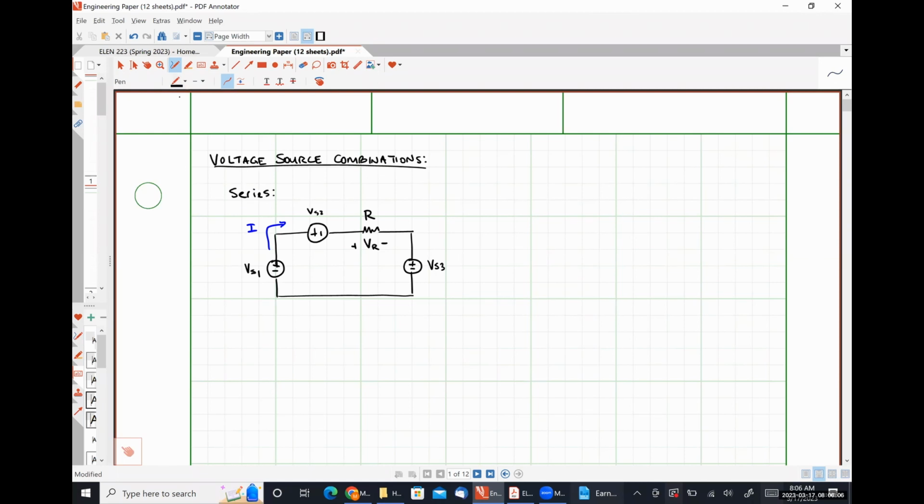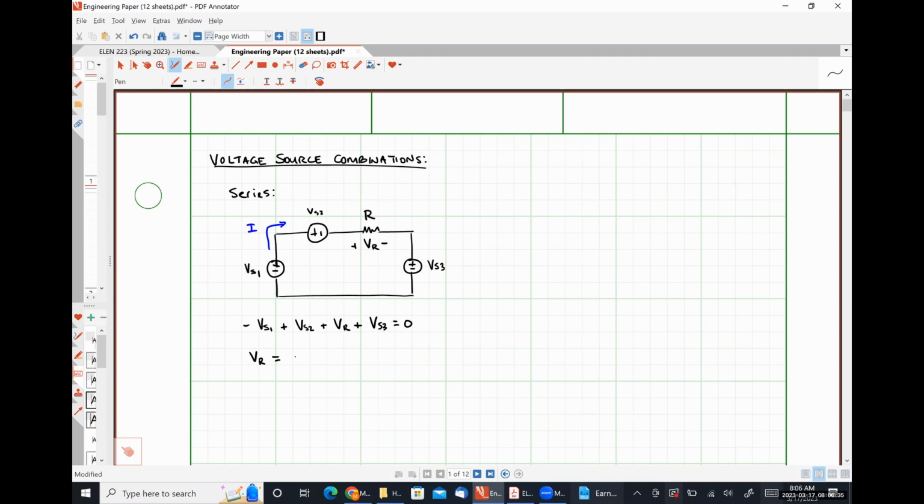So if I perform Kirchhoff's voltage law around this loop, I will get negative VS1 plus VS2 plus VR plus VS3 is equal to 0. I'm going to put VR on one side of the equation and all of the other terms on the other side of the equal sign.